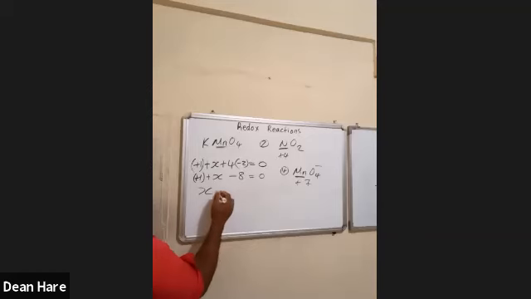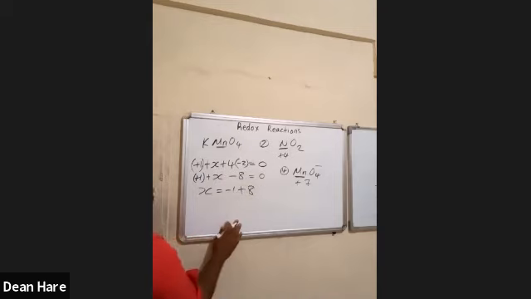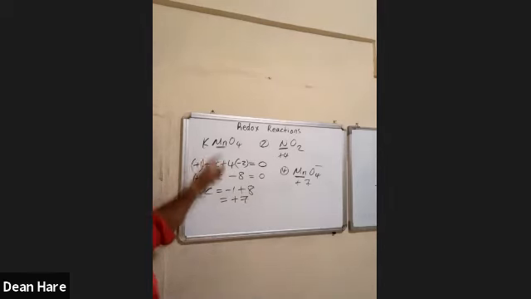So X is equal to, if you carry over +1, it becomes -1. Carry over -8, it becomes +8. So if you want to write -1 plus 8, or you could say 8 take away 1, whichever way you do it, you will get +7. Right? So in Mn, it's +7.